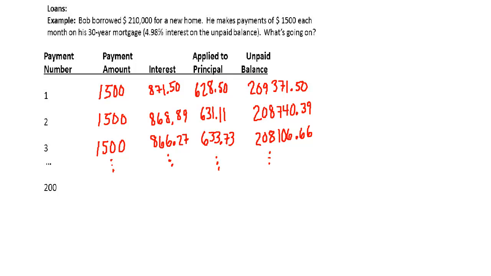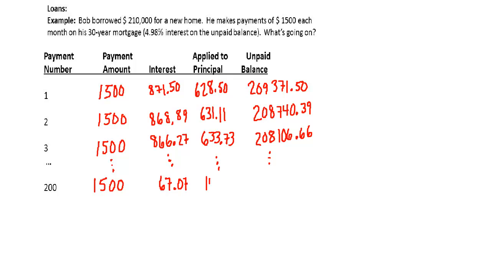And if we continue this for 16 years or so, Bob is ready to make payment number 200. He's still diligently paying $1,500 every month. And at this point, he actually only owes $67 in interest.